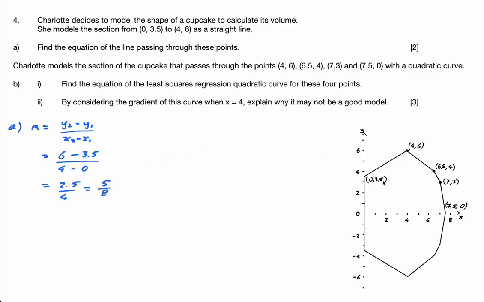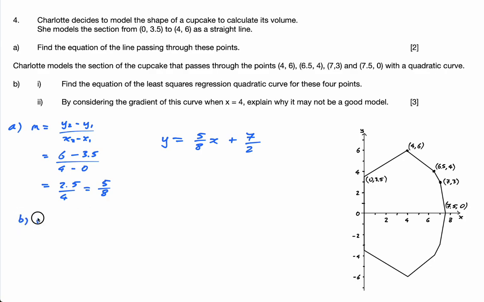And the y-intercept is 3.5, which is 7 over 2. So y is equal to mx plus c, so 5 over 8 x, because this is the gradient, plus c, and c is 3.5 or 7 over 2. 3.5 is certainly fine. Okay, that's the equation of the line.